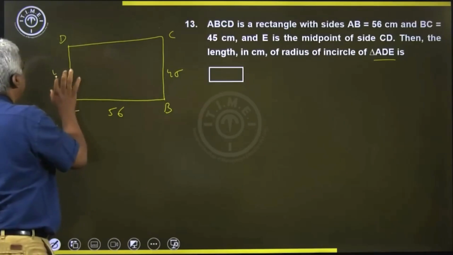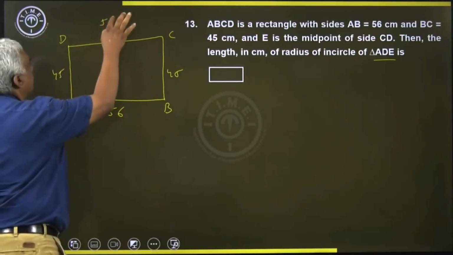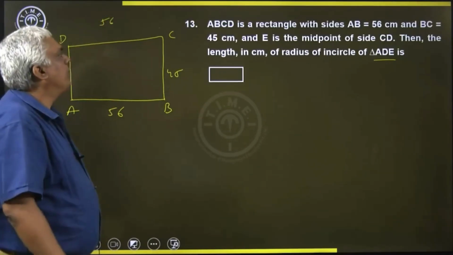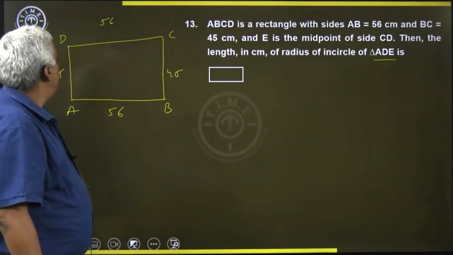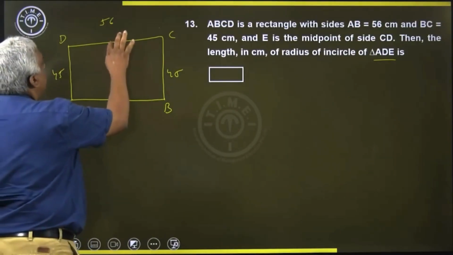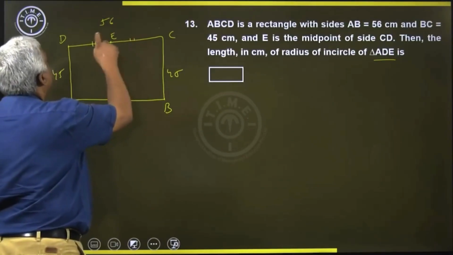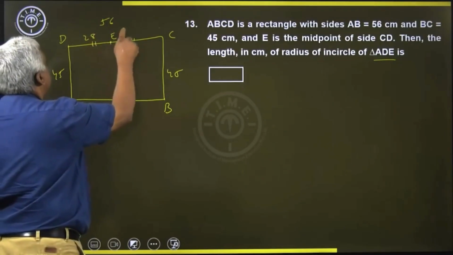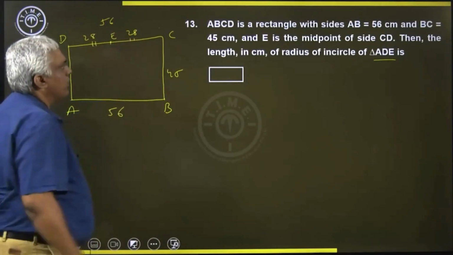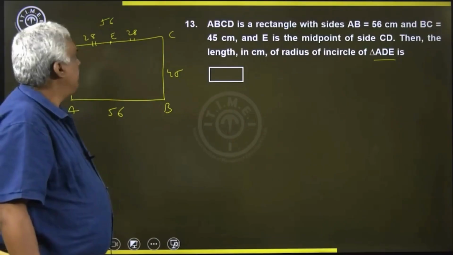So this is also 45 and this is also 56, CD. It's a rectangle, opposite sides are equal. E is the midpoint of CD. So E is here, this is equal to this. 56 half is 28 and 28.